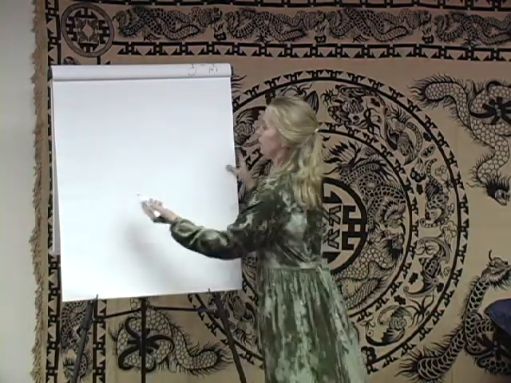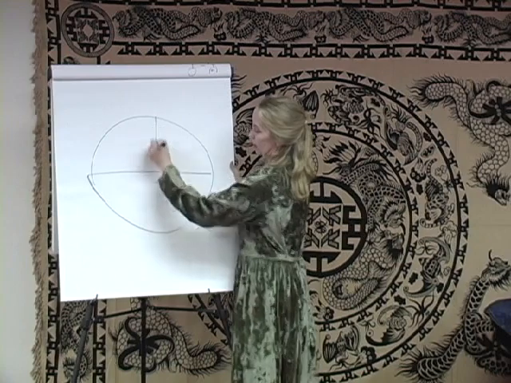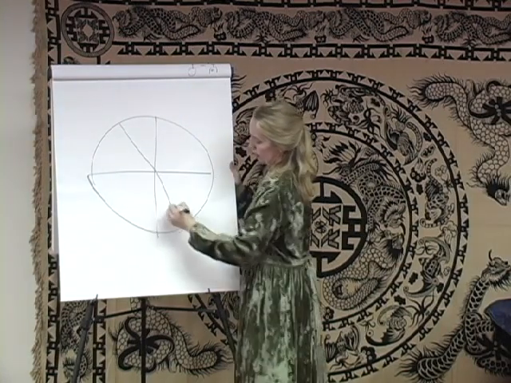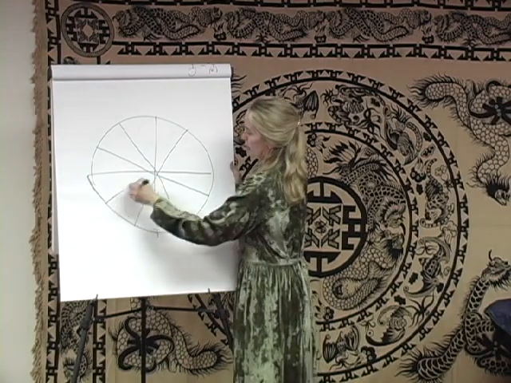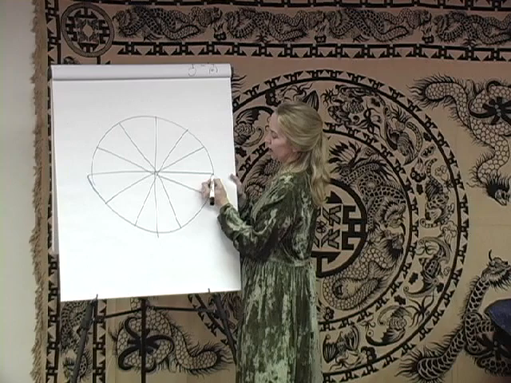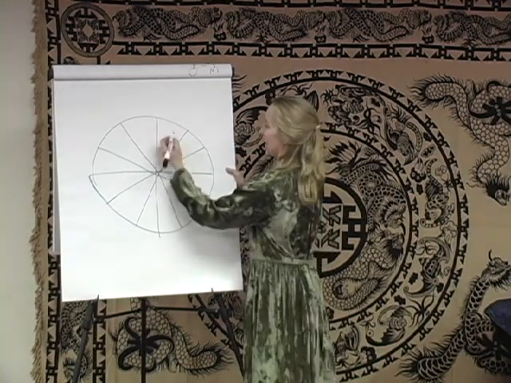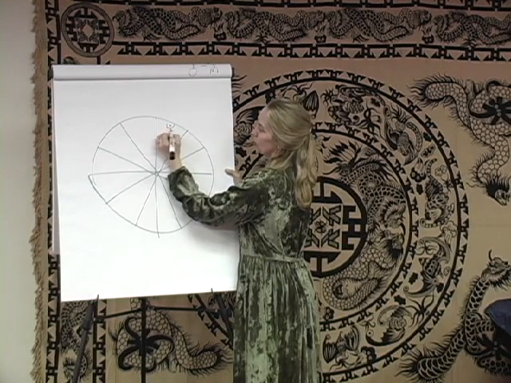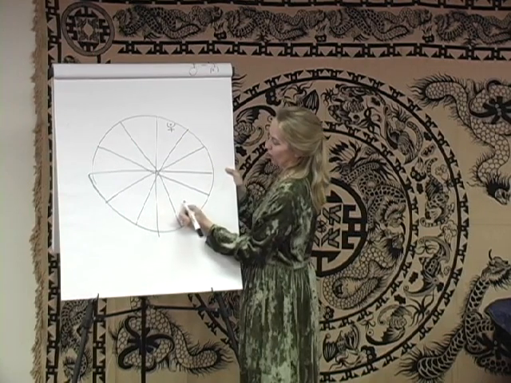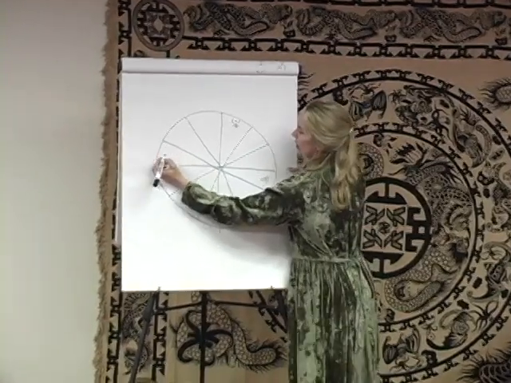So this one I just want to give you some example here with this. Okay, this is my nice 12 houses, okay? Let's make it a little easy on ourselves. Let's put Pluto up here in this 9th house, okay? And let's go down here and we're going to put the south node in the 6th house.